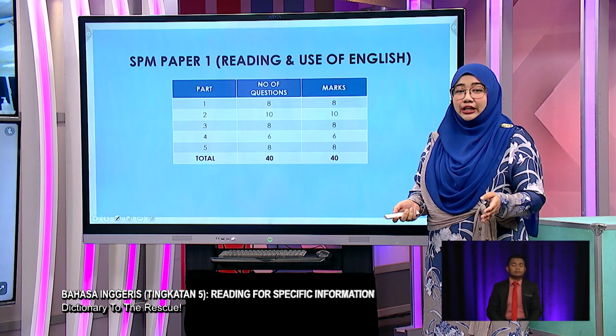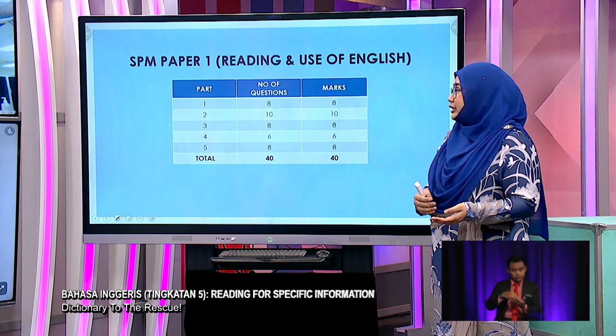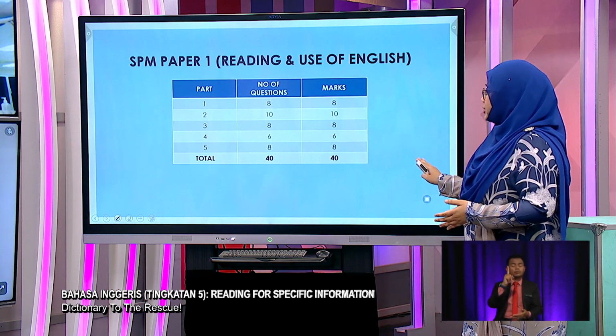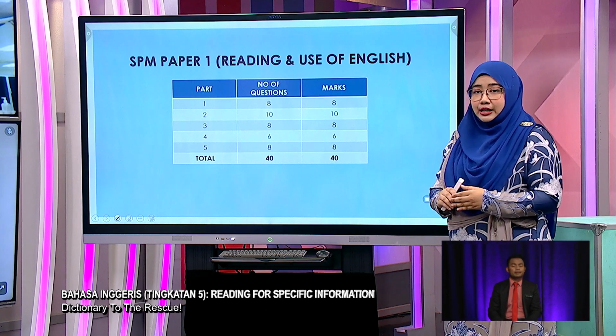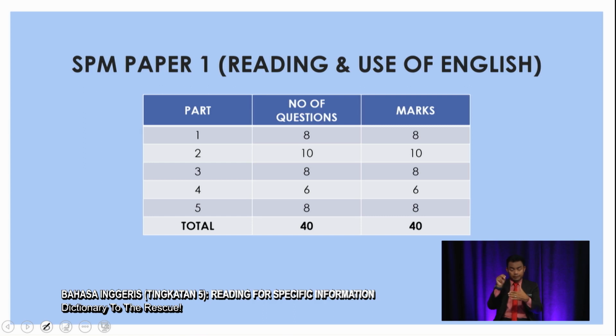So before we go any further, let us just review SPM Paper 1, Reading and Use of English. As you could see here, there are 5 parts in total. For part 1, there's a total of 8 questions and it also carries 8 marks. Next, for part 2, there's a total number of 10 questions and it carries 10 marks. For part 3, there's a total of 8 questions and 8 marks as well.